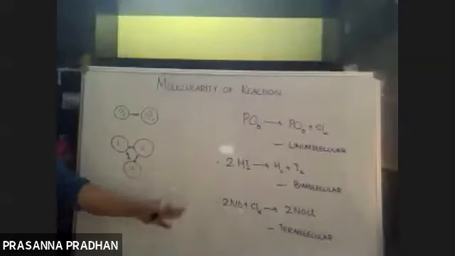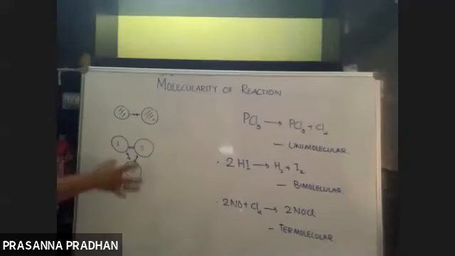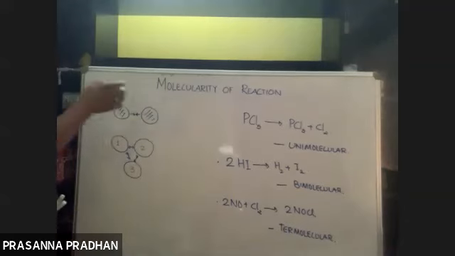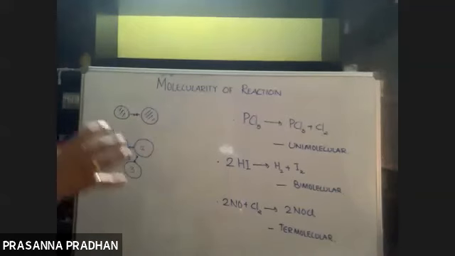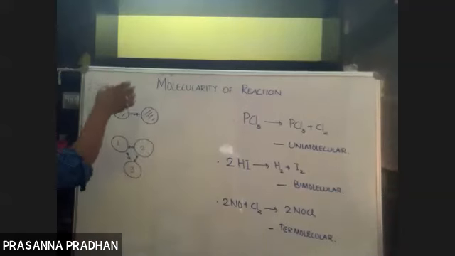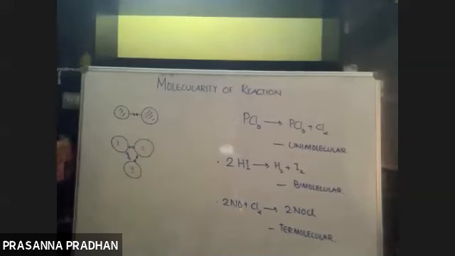It will be considered bimolecular when two molecules collide simultaneously. Now tell me, is the probability of three molecules colliding at the same time and two molecules colliding at the same time the same, or are they different?